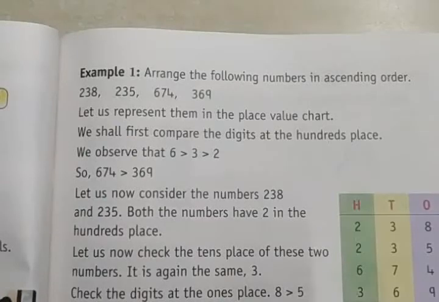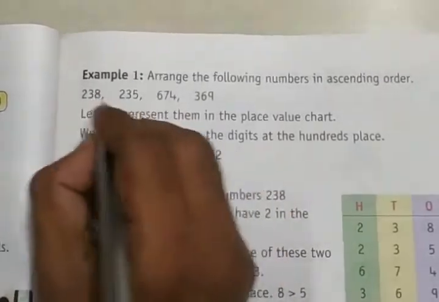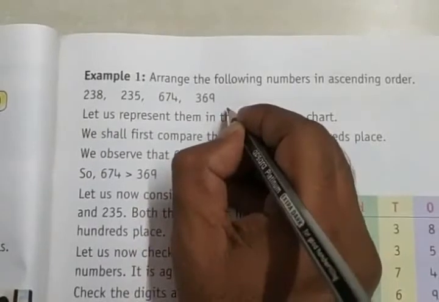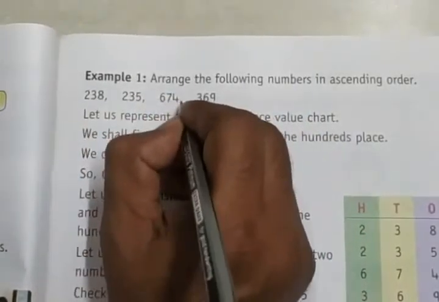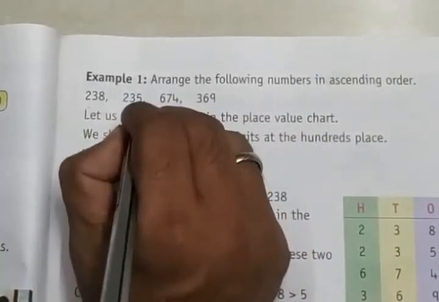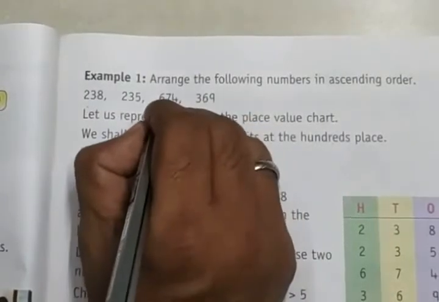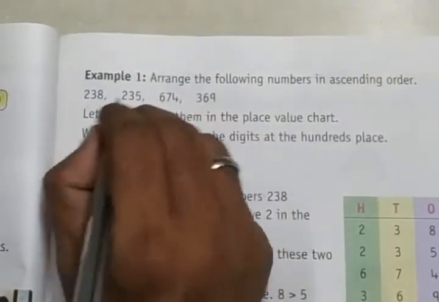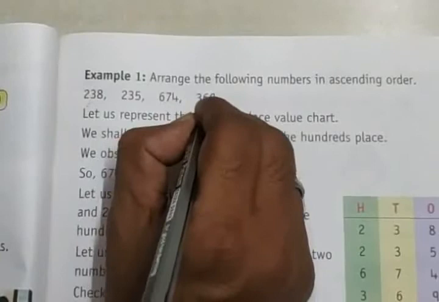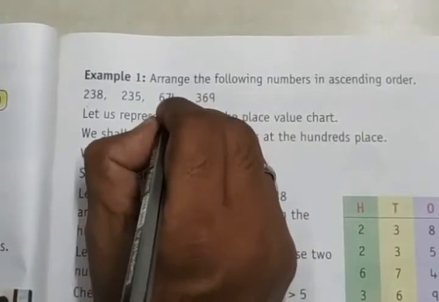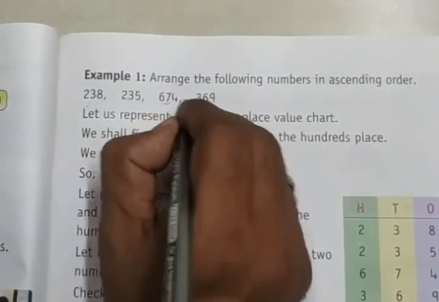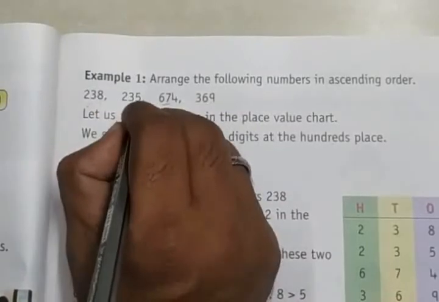In ascending order, we go from the smallest number to the biggest number. Which is the biggest number? Here it is 200, here 300, here 600. These are the smallest numbers, we know. These are smaller than this. This comes last. Then 300 comes after these.